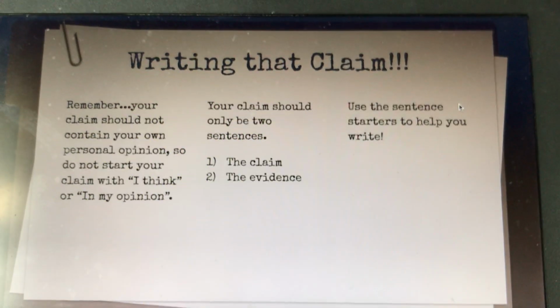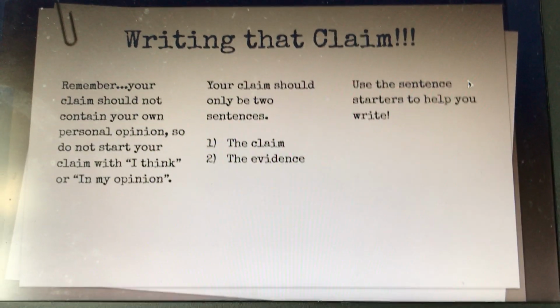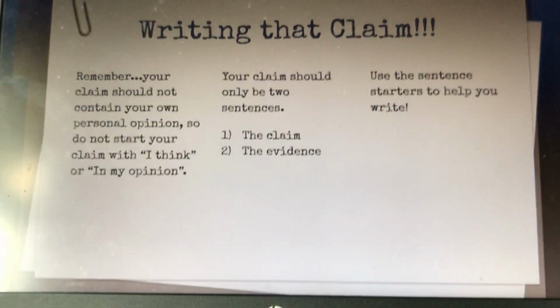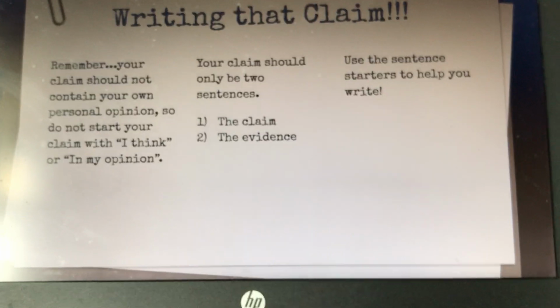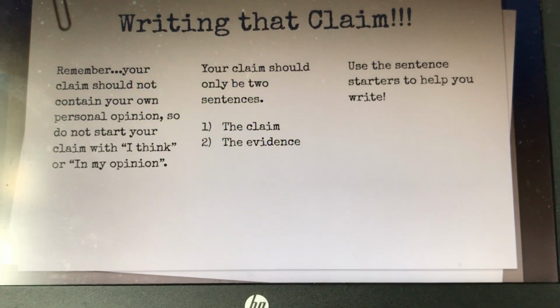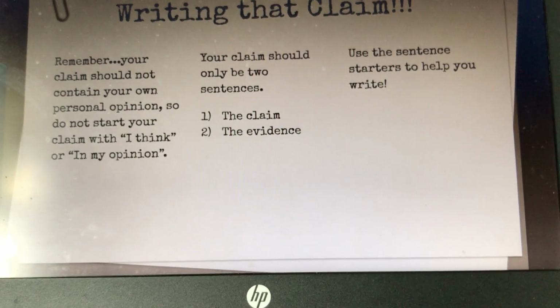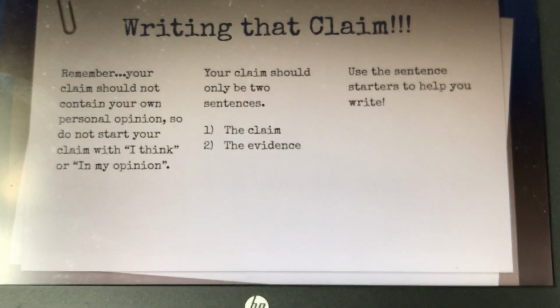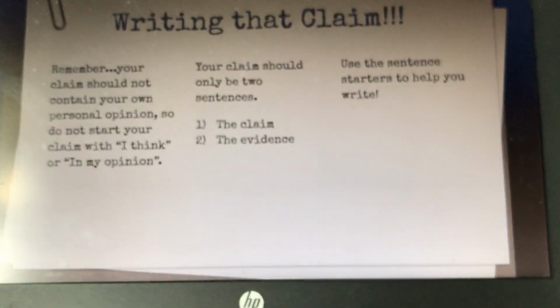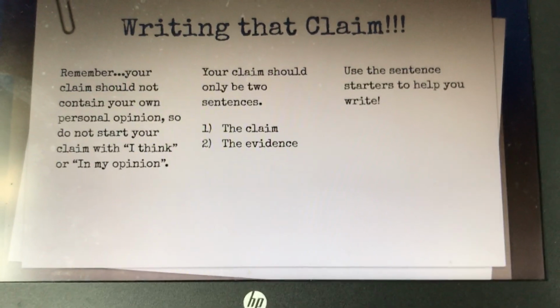Now, here's a couple picky things about writing a claim. In 5th grade, when you wrote informational pieces, when you wrote persuasive pieces, one of your starters would be to use your own personal opinion. Guys, in 6th grade, that's something that we try to get kids away from.